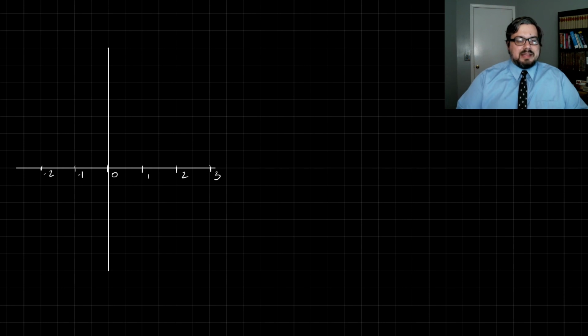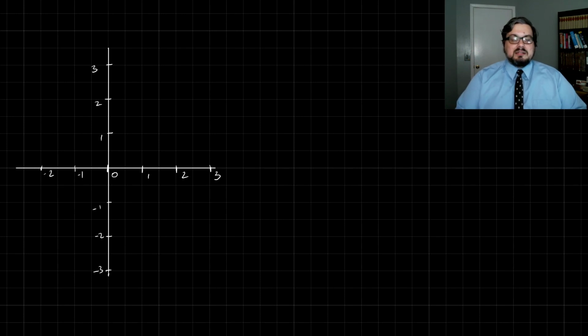And we're going to do this in the following way. We're going to take a second real number line, and we're going to set it up at a right angle with the first one. So we're going to have one number line going vertically, one number line going horizontally, and meeting at the point where they're both 0.